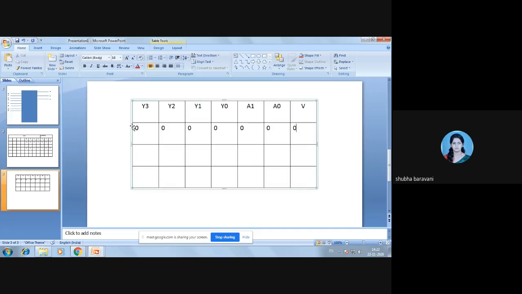Understood? So my V output will be 0, right? Now, if Y0 is 1, it means I get this and my code is valid. Understood up till here?